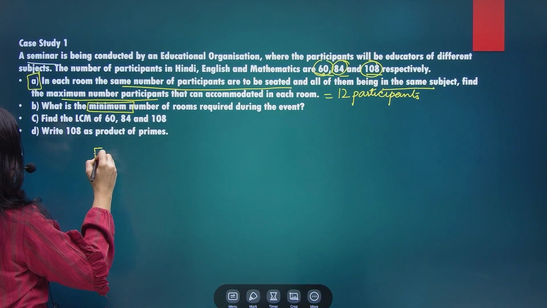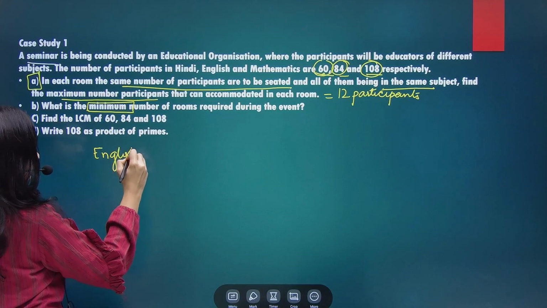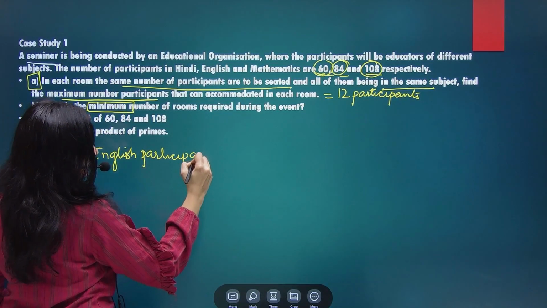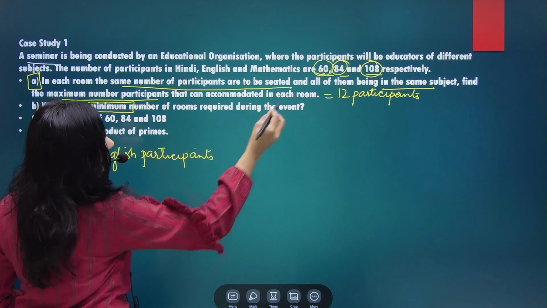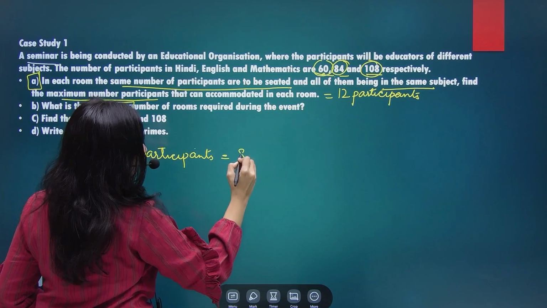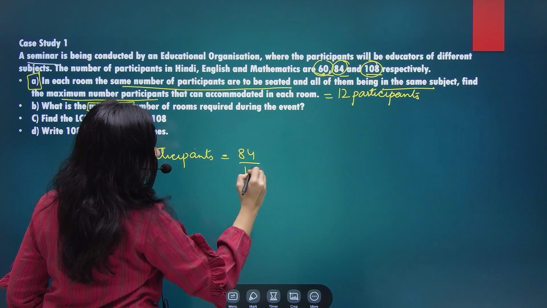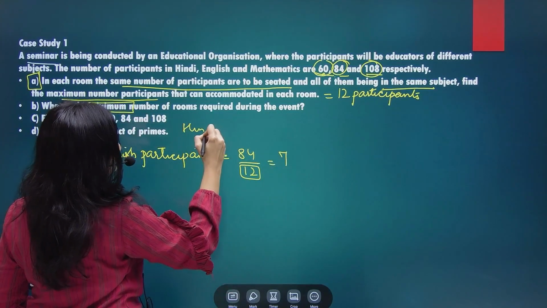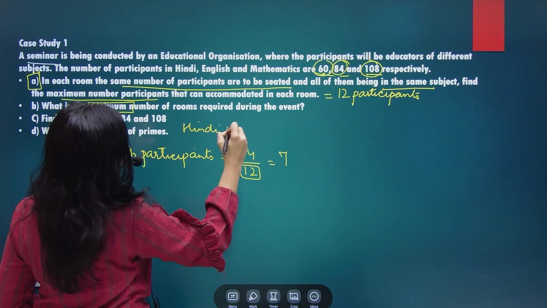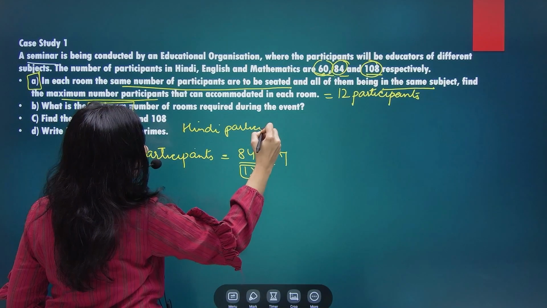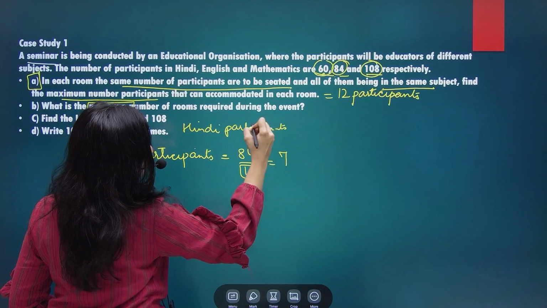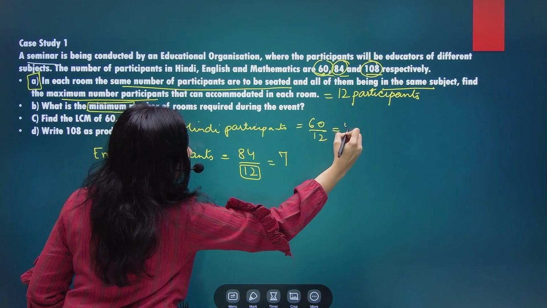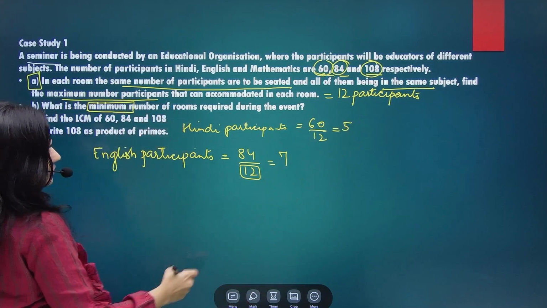English participants will take 84 number है, तो 84 by 12, because 12 we are placing in each room, that is 7 rooms. Hindi participants, उनका number 60 है, so 60 by 12, 5 rooms.